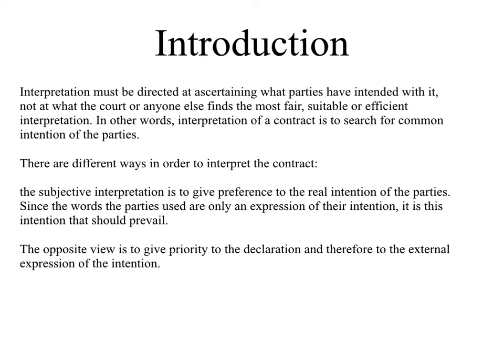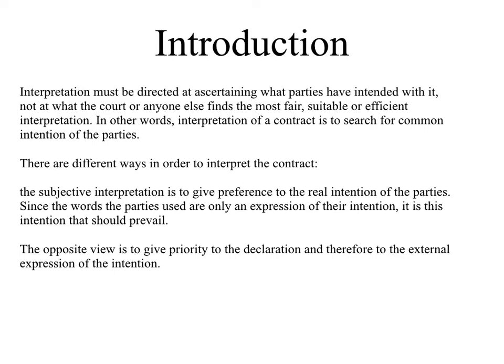First of all, introduction. So interpretation must be directed at ascertaining what the parties have intended with it, not at what the court or anyone else finds the most fair, suitable, or efficient interpretation. In other words, interpretation of a contract is a search for a common intention of the parties.